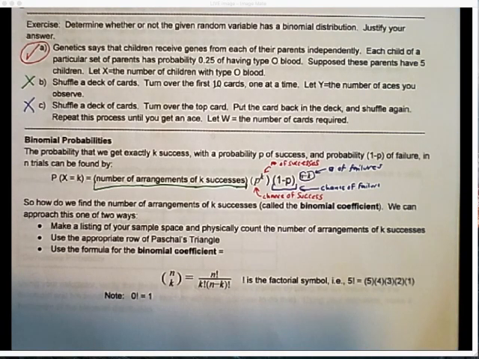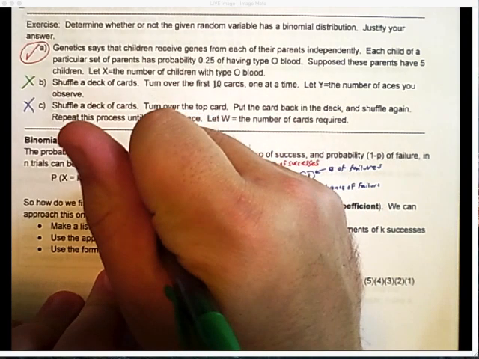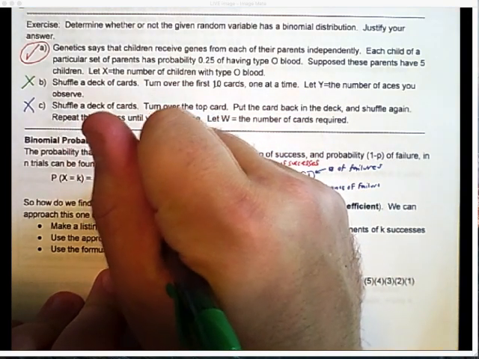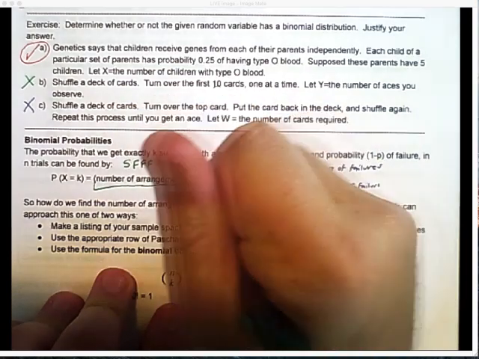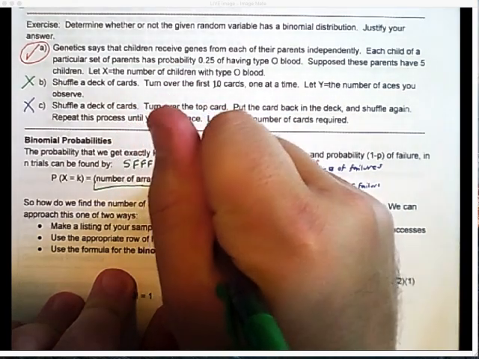So like, if you have 4 kids, how many ways can one child out of 4 have type O blood? Well, the first one could be a success, and then you could get failure, failure, failure, or you could have a failure, then success, then failure, failure.